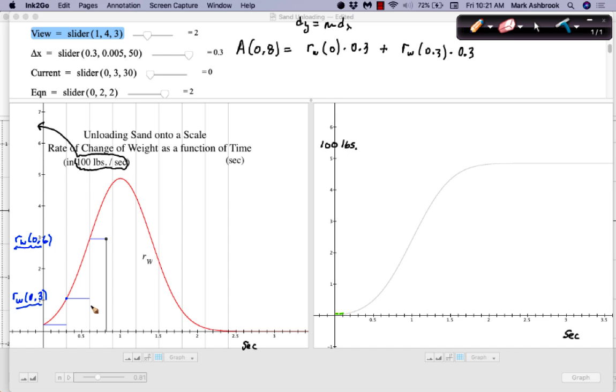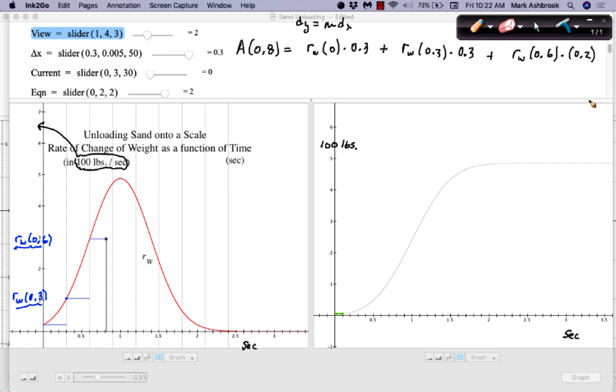Then plus R sub w of 0.6 times 0.3 again? No, this is the current interval, and we haven't finished it yet. We haven't got a full dx, only 0.2 of it, so we want times 0.2 this time.